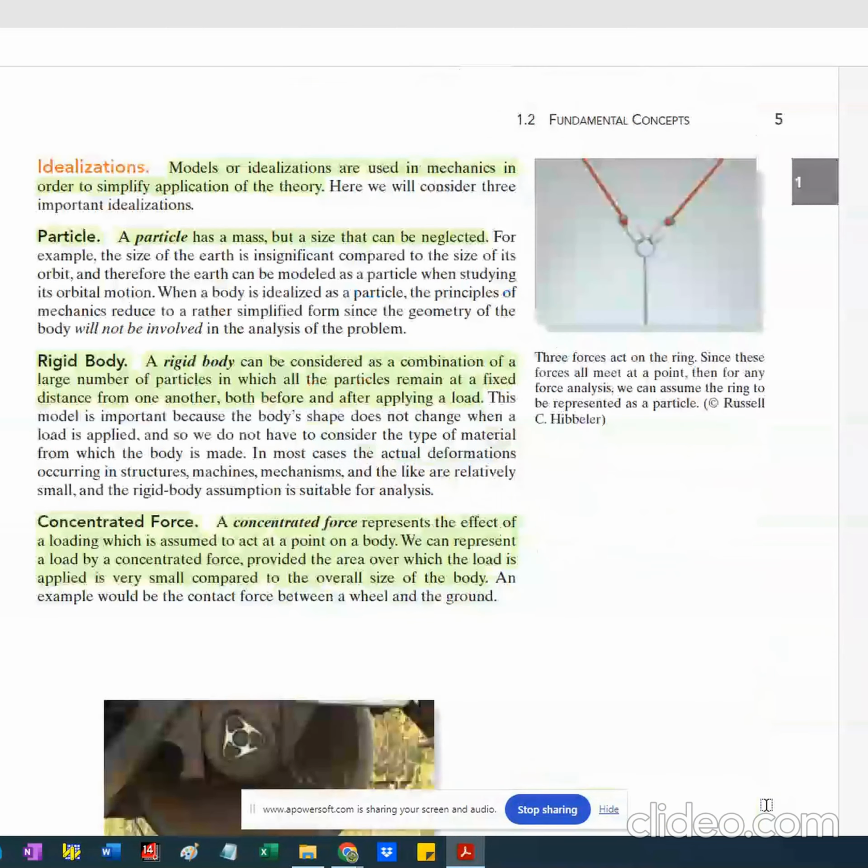Okay, so some simplifications. In the study of engineering, we work with models to make the math more manageable. So we have particles and bodies. A particle could be an airplane flying, and you can assume the effect of gravity and aerodynamic forces is concentrated.